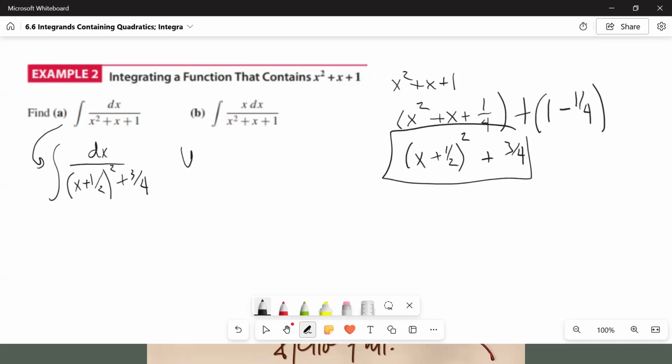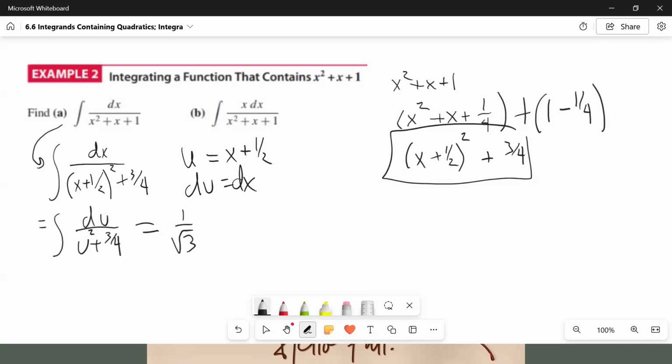Now I can let u equal x plus 1/2, and then du is equal to dx, and then this integral becomes the integral of du over u squared plus 3/4. So this becomes 1 over square root 3 over 2 tangent inverse of u over square root 3 over 2 plus c.